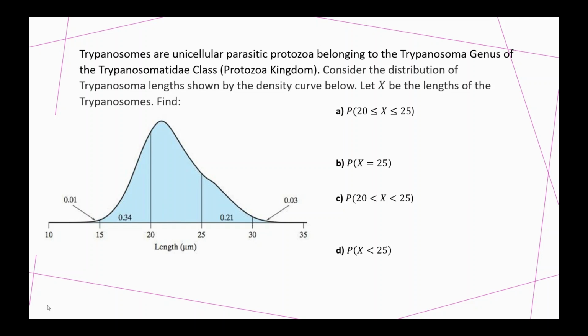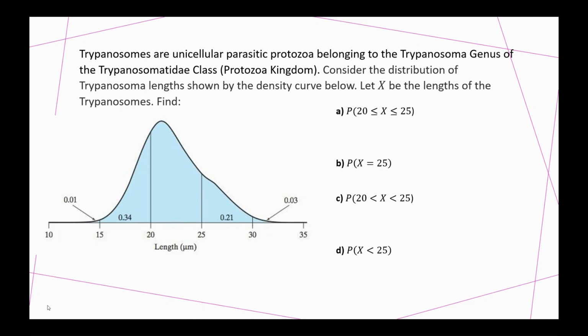Okay. So what it's saying is that 1% of these protozoa are smaller than 15 micrometers. And so I'm going from left to right here at the moment. And then 34% of these protozoa are between 15 and 20 micrometers.